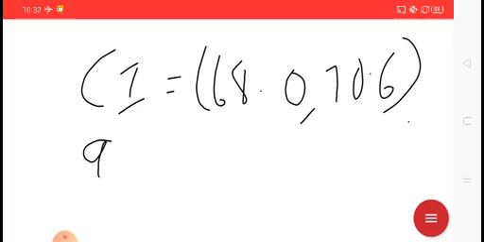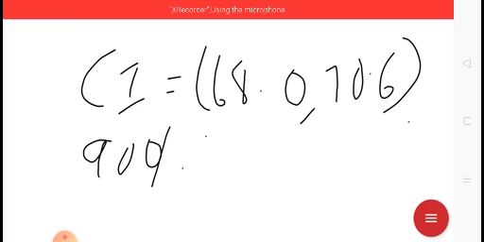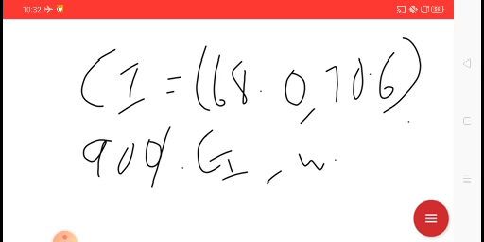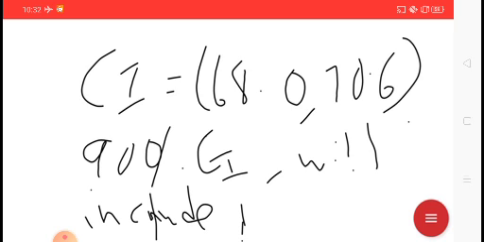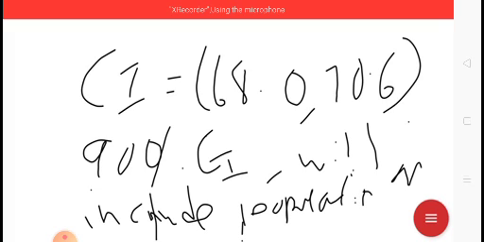You can say the 90% confidence interval will include the population mean.